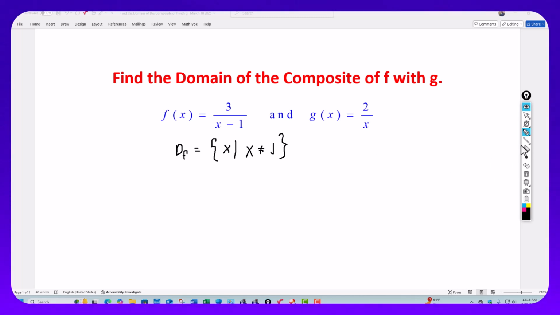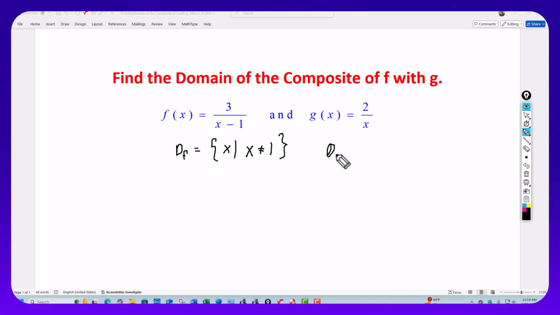We could also use interval notation and say it's everything from negative infinity to 1, but not including 1, union with everything larger than 1. So that would go from 1 to infinity. So you can give the domain in set builder notation here, set form, but you can also give it in interval notation.